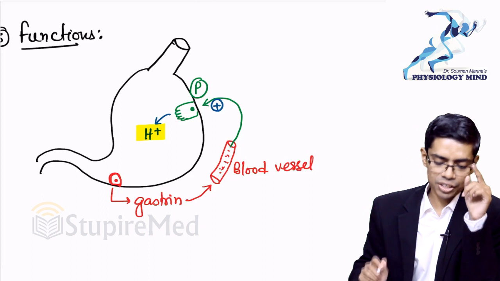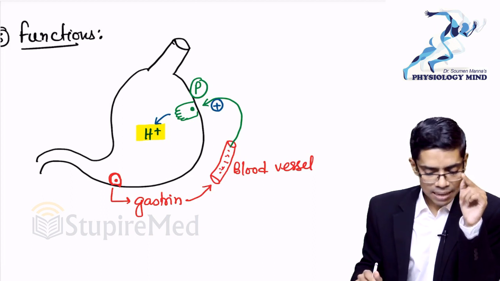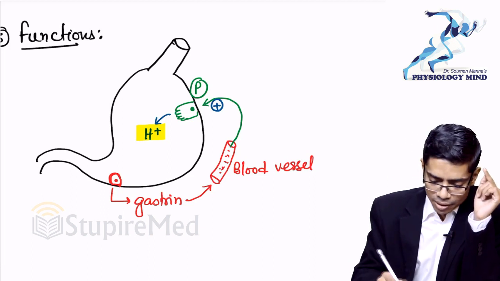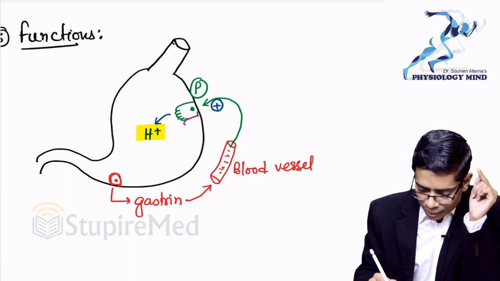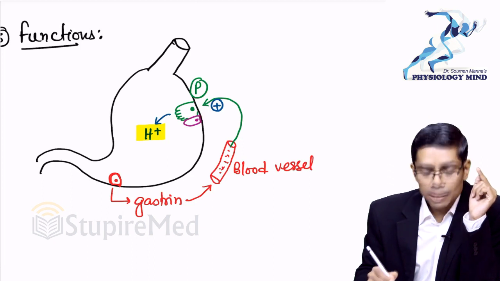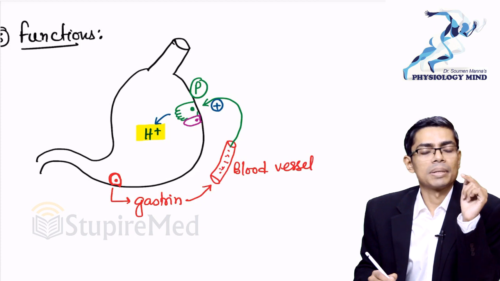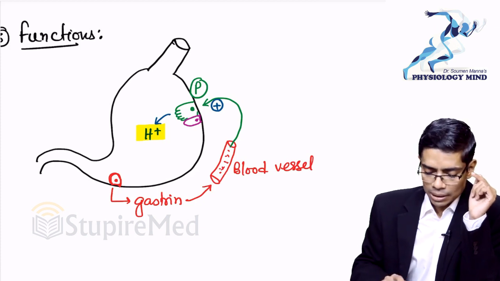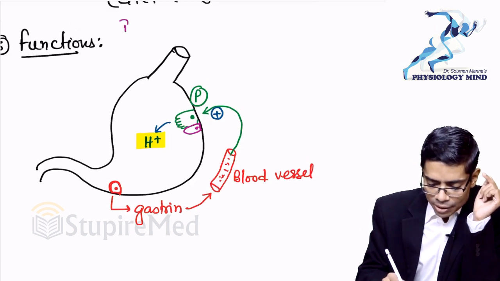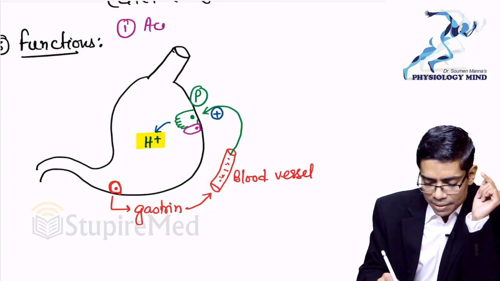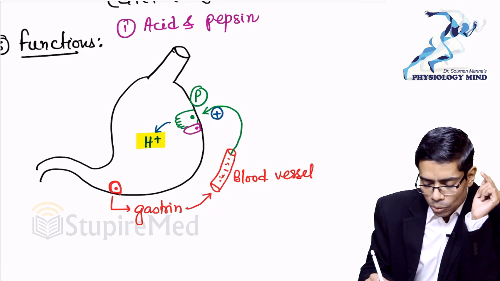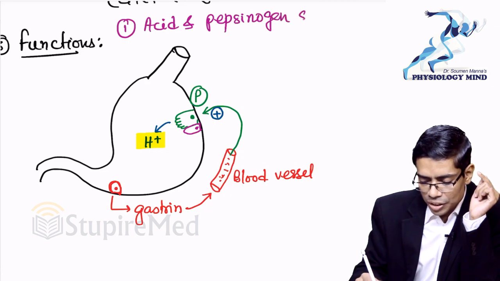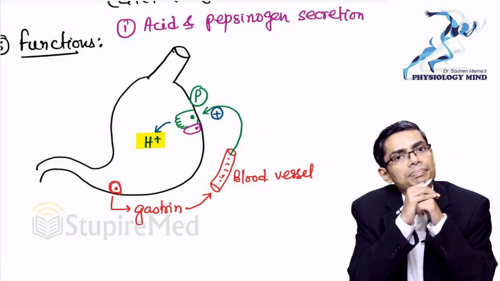Apart from acid secretion, gastrin also stimulates another cell, the chief cell, which produces pepsinogen. So I am writing: gastrin, the major function is acid and pepsinogen secretion.